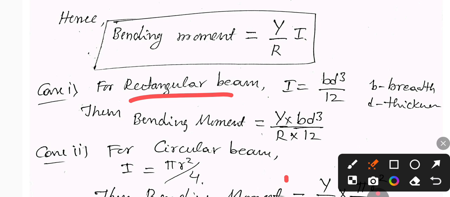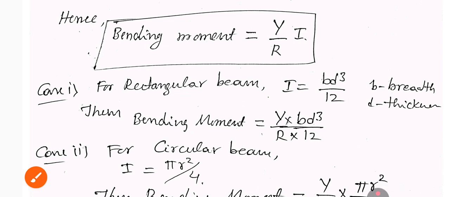This is the standard definition of moment of inertia for a rectangular beam. B is the breadth and d is the thickness. Then the bending moment for the rectangular beam is Y by R into I, where I is b d cube by 12.